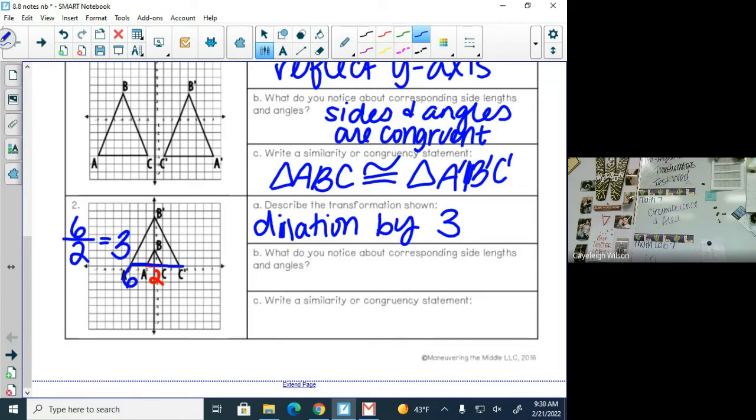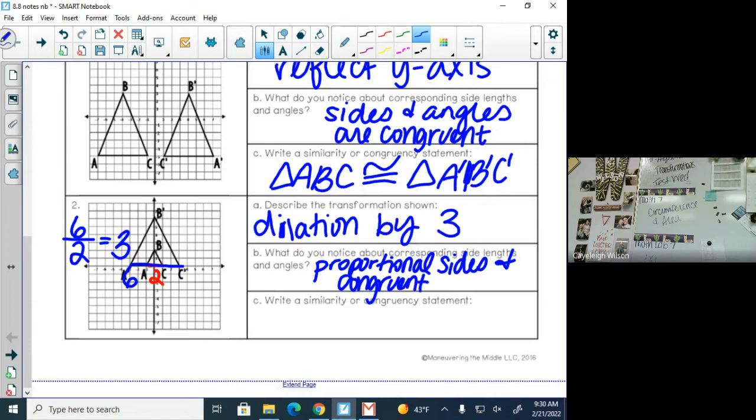all right, B, it says, what do you notice about corresponding side lengths and angles? Well, I know that they're going to be similar because the size is not the same. So the side lengths, if we go back up here to the top, if it's a similarity, a transformation produces an image with proportional size and congruent angles, means that it's similar. So I will put on here, since I know that they're similar, that it's only proportional sides and congruent angles.